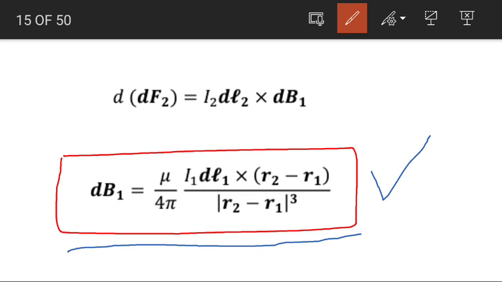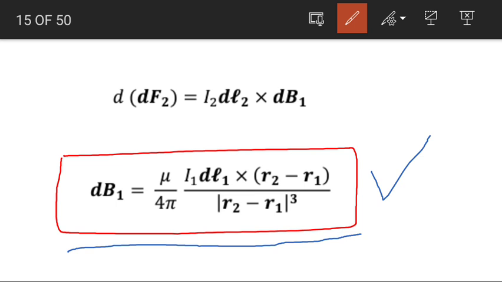This is the differential length vector of the first conductor, and this differential length vector will be in the direction of the current I1. Similarly, dl2 is the differential length vector of the second conductor, and dl2 will be in the direction of the current I2. R1 is the position vector of the small portion of the first conductor, and R2 is the position vector of the small portion of the second conductor.